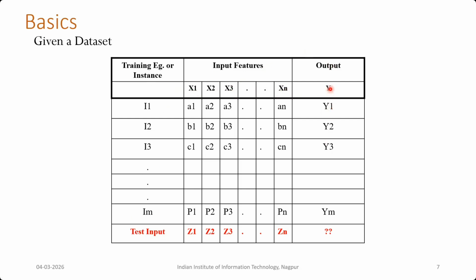This output can be a discrete value or a continuous value, and depending on the nature of the labels, we decide whether it is a classification problem or a regression problem.